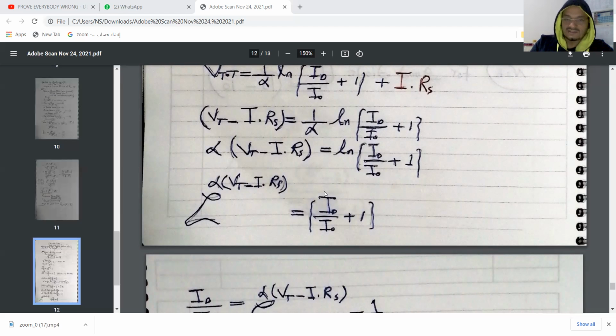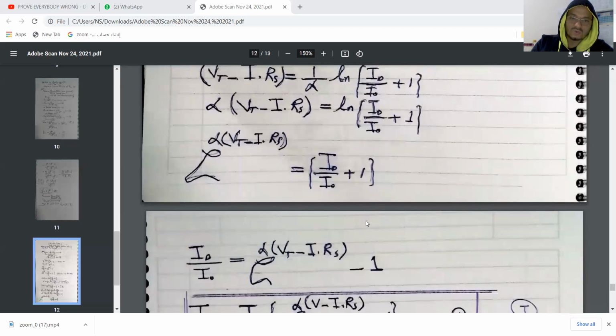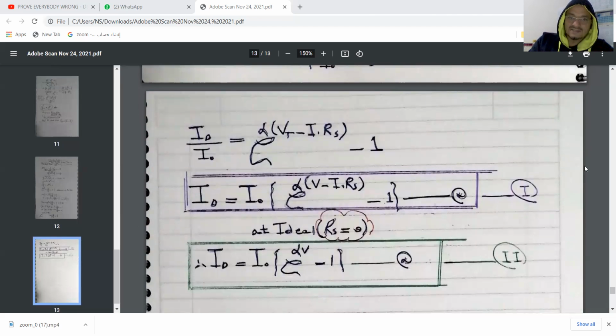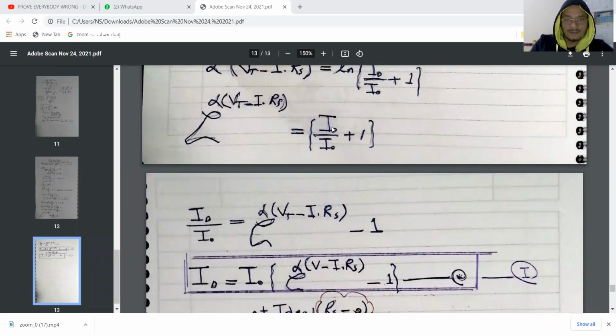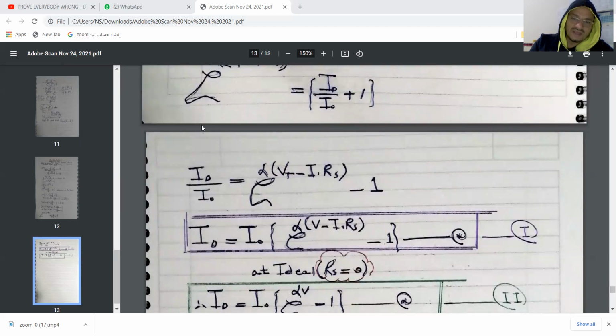You can delete the ln at the right side, so exponential alpha times VT minus I naught RS equals ID over I naught plus 1. At last, that means ID over saturation current equals exponential alpha times VT minus IRS, minus 1, and ID equals I naught times exponential alpha times VT minus IRS, minus 1, between two brackets, times saturation current.